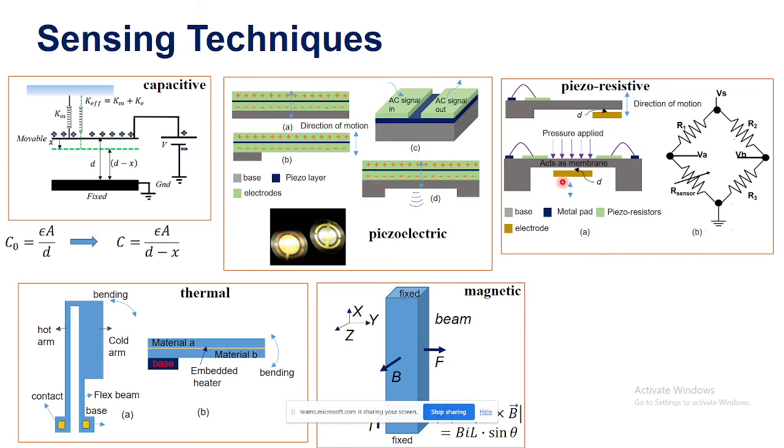If we are interested in capacitive sensing also, we design and fabricate a bottom electrode here. When there is a pressure, this membrane will bend up and down depending on the applied force, and it will experience a change in both capacitance and resistance, and that's how the sensors can be designed.